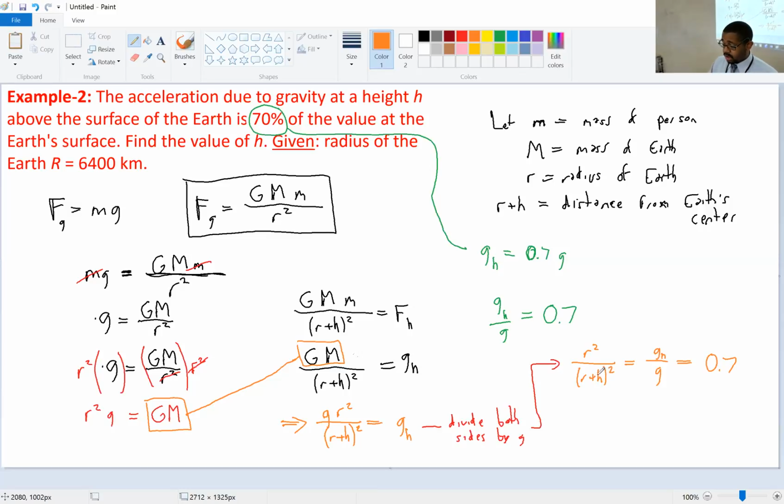And we just want to find out what the height is, so let me go ahead and rewrite that. Let's see. So you plug in the numbers. 400 squared over 6,400 plus H squared equals 0.7.